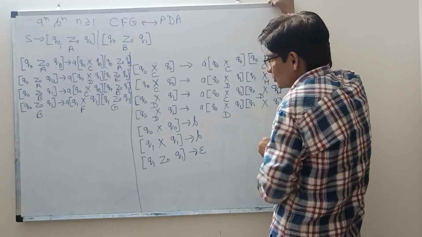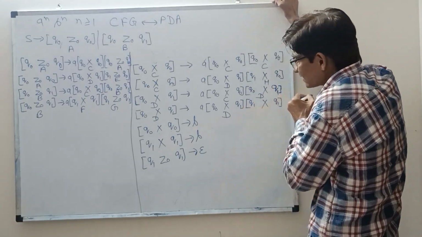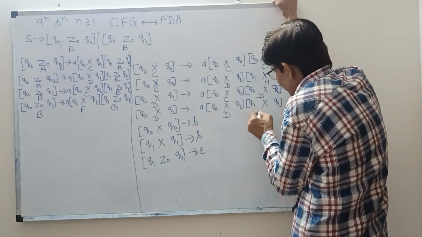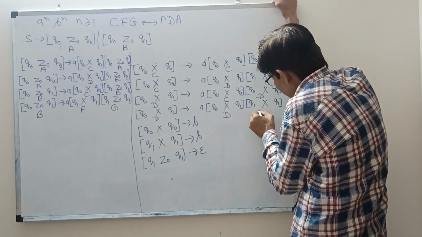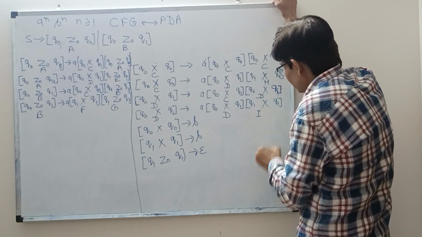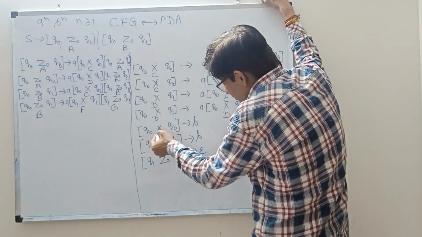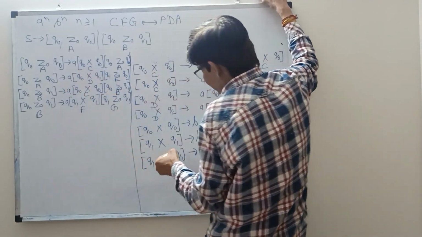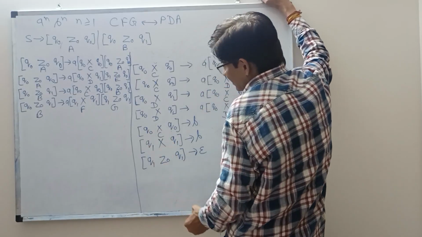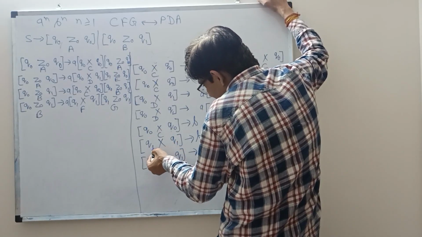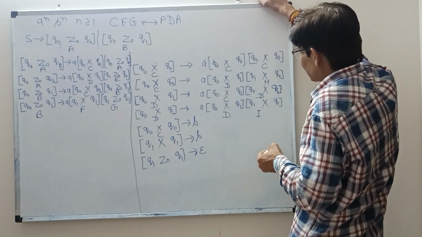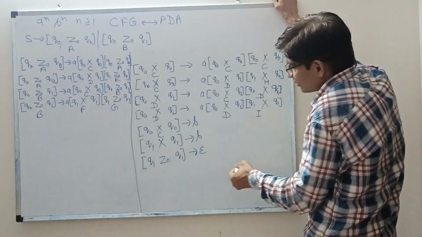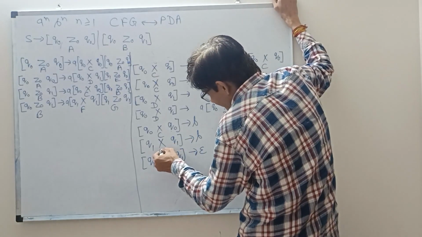Then Q1 x Q1, it is a new variable, so I can write it as I. Then Q0 x Q0, we have already given its name as C. Then Q1 x Q1, we have already given its name as I, so I can write I.